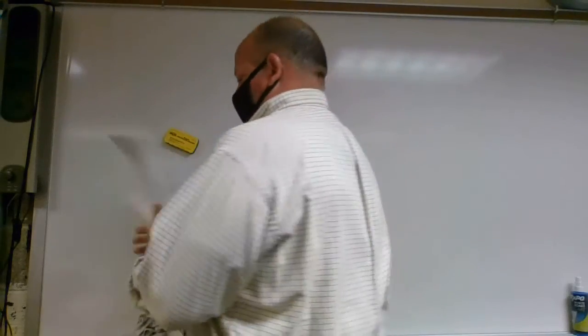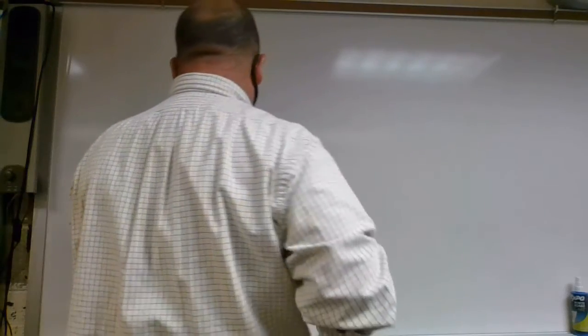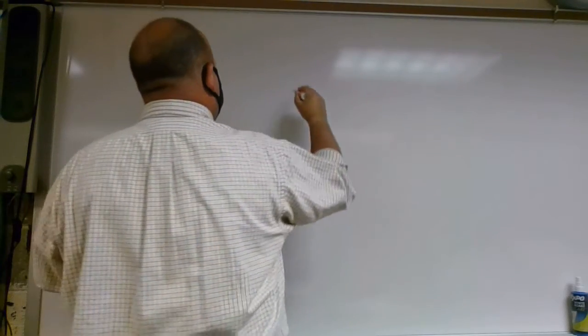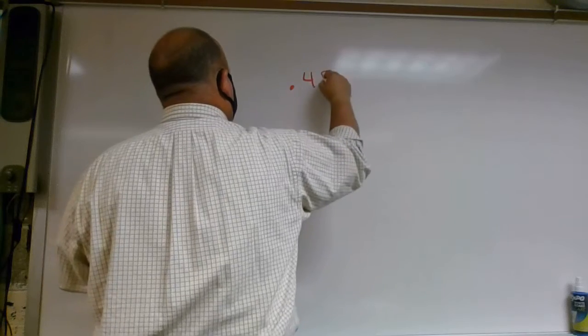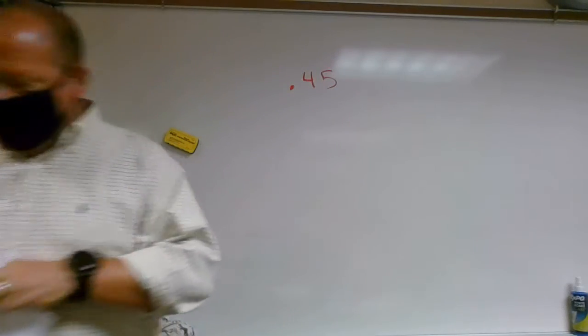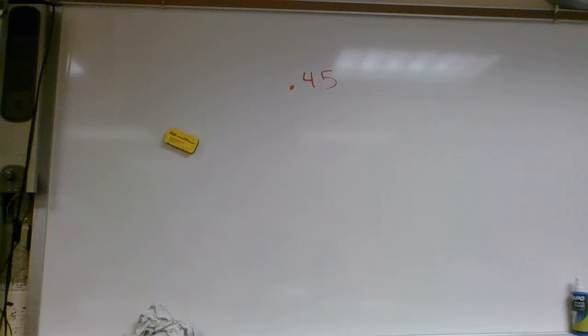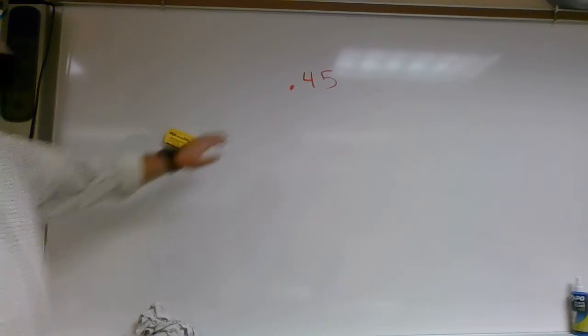Ooh, good one. The one that says 0.45. And you want to be able to convert that into a fraction. It's good that you know 0.45, but you want to know right now, read the number like there's no decimal.